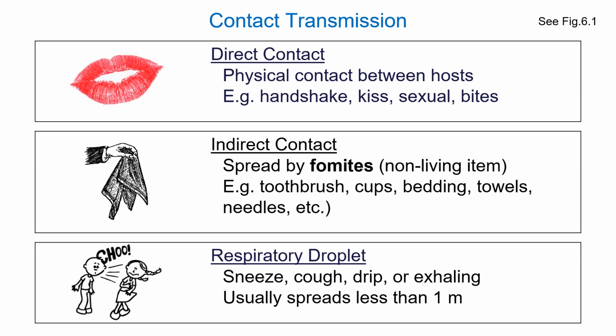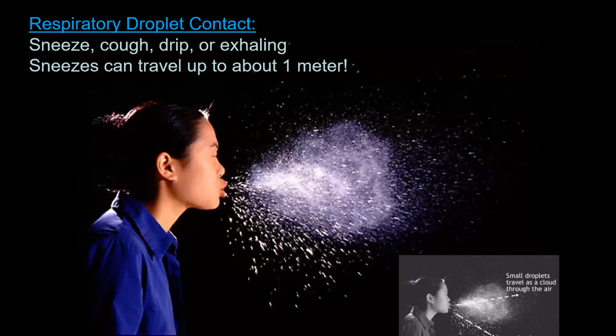Remember during COVID, there was that whole thing about distancing. They say six feet, which is 1.5 meters, to give a little extra space. There are lots of studies like this, and you can see this is just gravity.